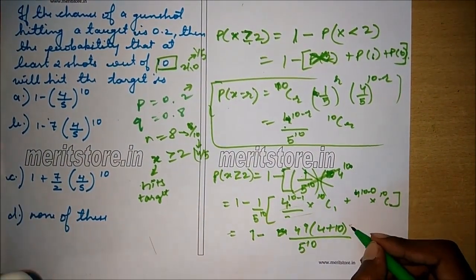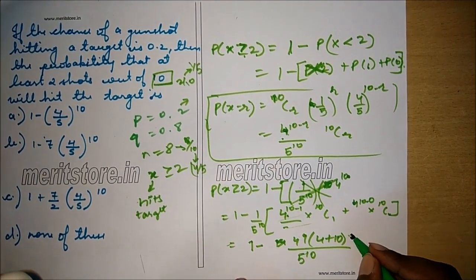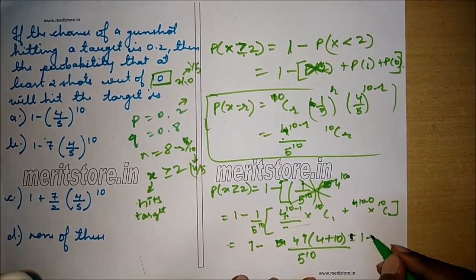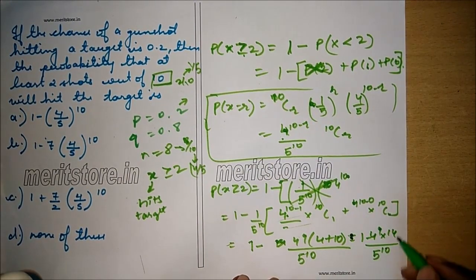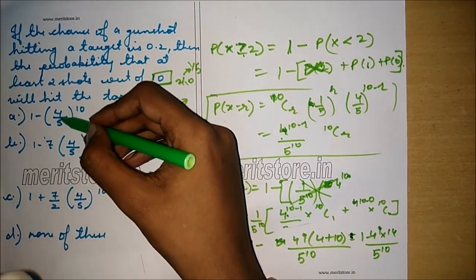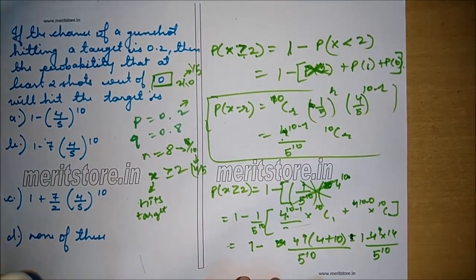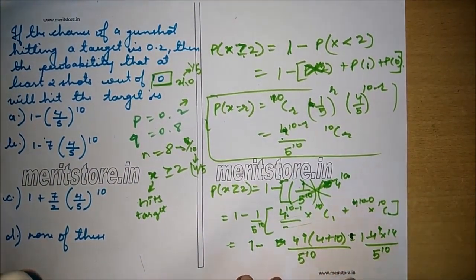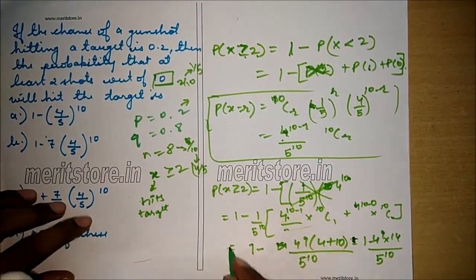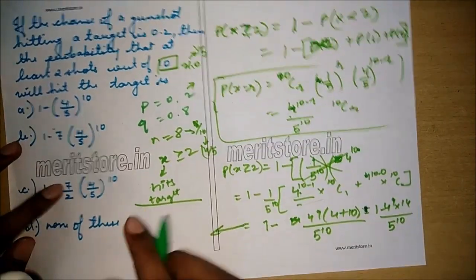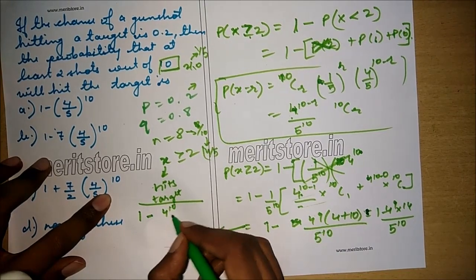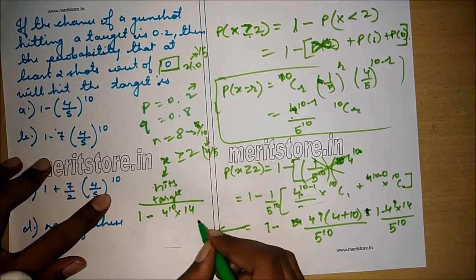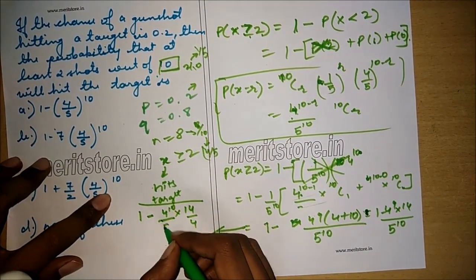So this is equal to 1 minus 4 raised to 9 into 14 by 5 raised to 10. In the options, it is given in terms of 4 by 5 raised to 10, so we multiply and divide by 4. So this will be 1 minus 4 raised to 10 into 14 by 4 by 5 raised to 10.